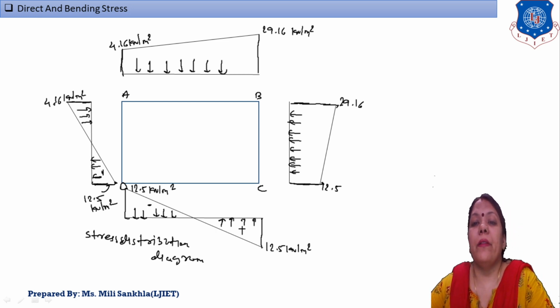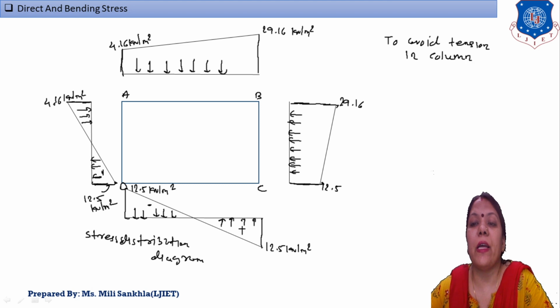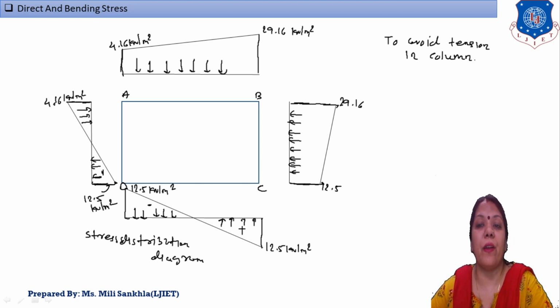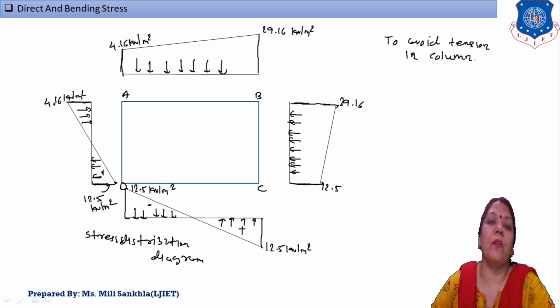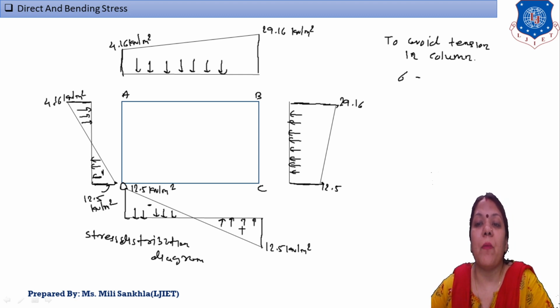Next, find out additional load to avoid tension in the column. Here we find at which corner tensile stress is given, at corner D. Sigma is equal to load divided by area.